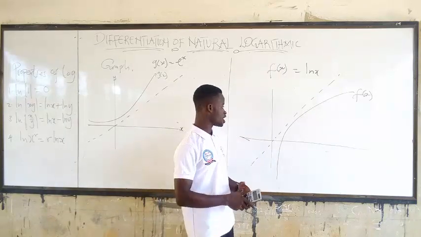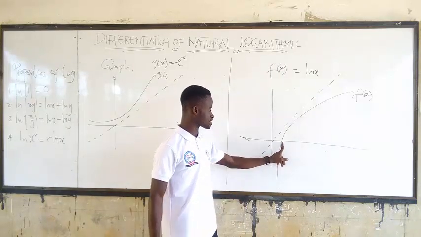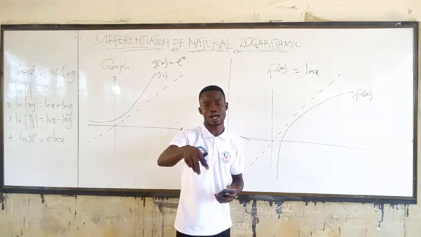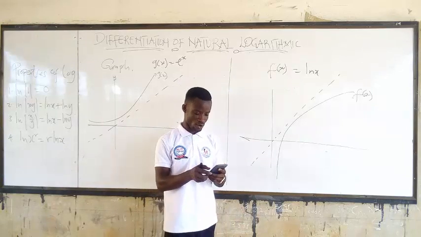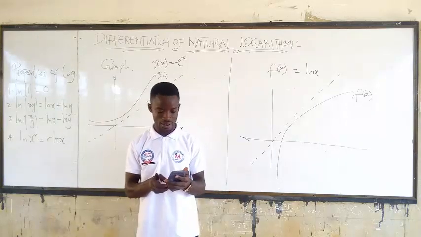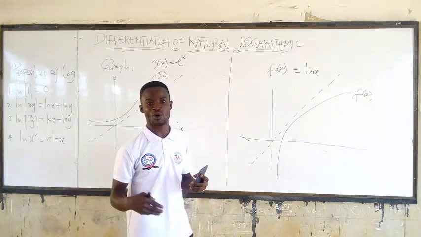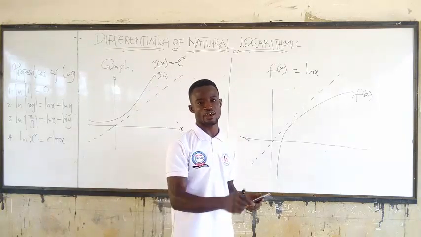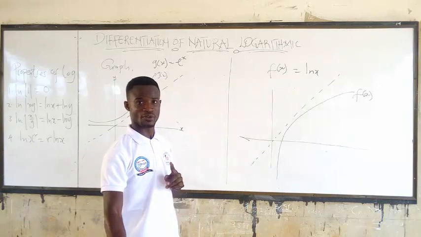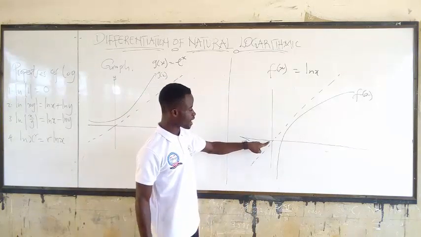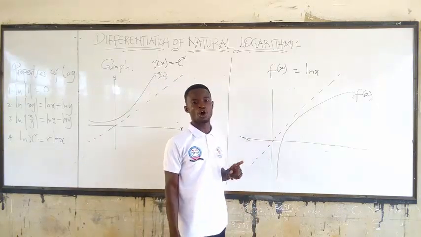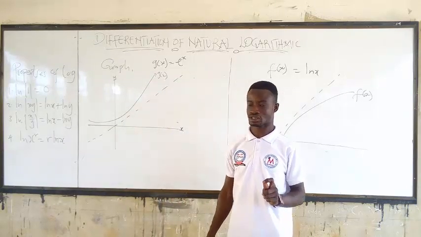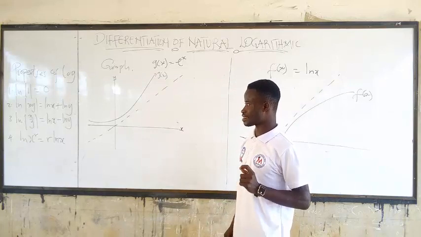Only 1 will give you 0. But try to punch in ln 0 and see what you get. The graph gives us more sense about the properties. Ln 0 will give you math error or undefined. The reason is that there is an asymptote here, so you cannot get a value for ln 0.